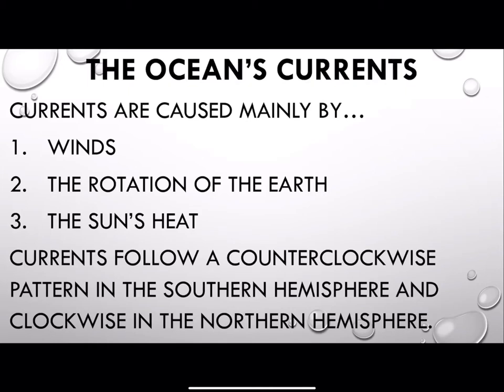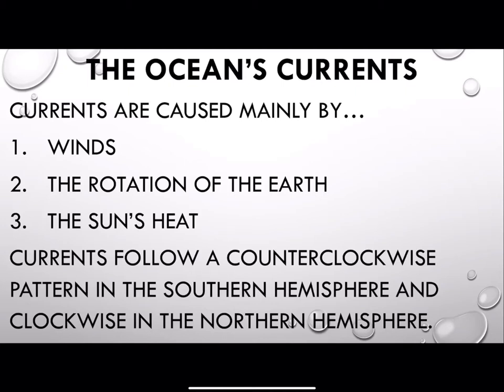In that part of the world, currents follow a counterclockwise pattern. And in the northern hemisphere, that would be where we are, North America, most of Asia, all of Europe, they follow a clockwise pattern. And we'll see some pictures and graphs on that in a little bit.